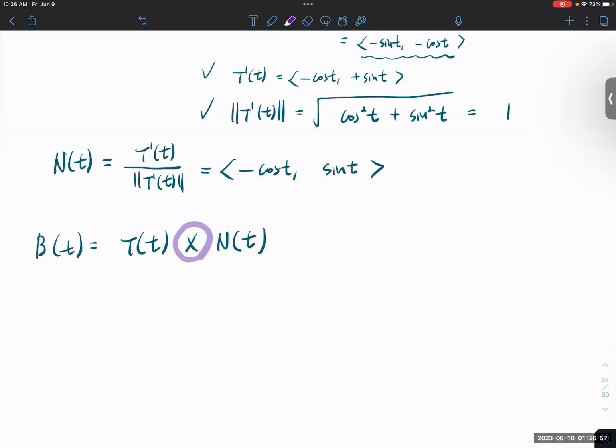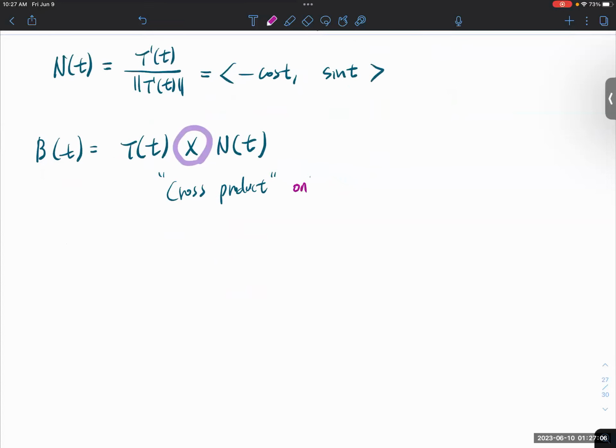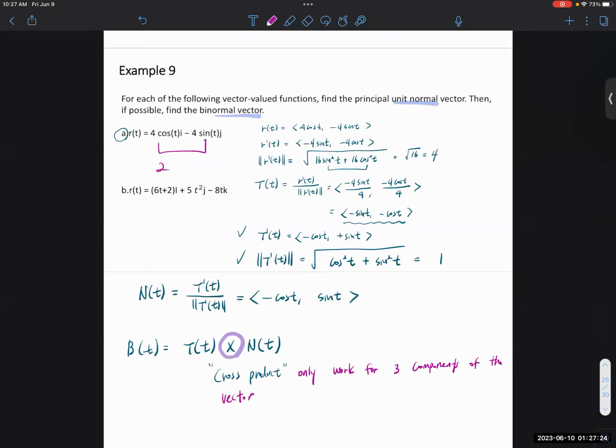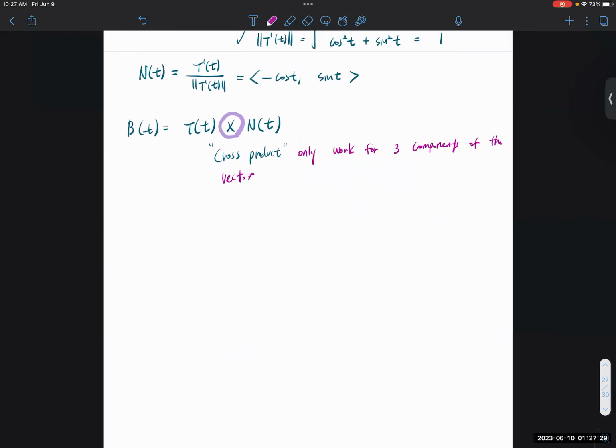This is something you should know: the cross product only works for vectors with 3 components. Here, we have only 2 components, so it's not going to work.